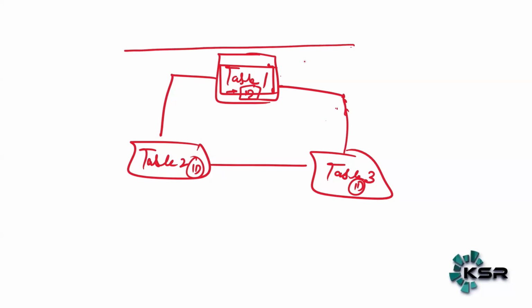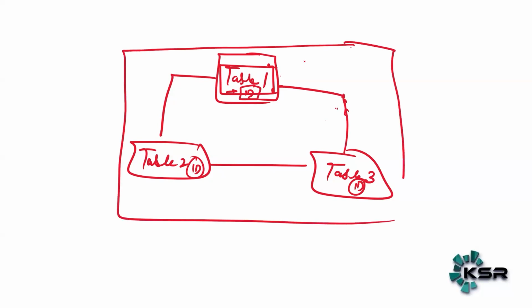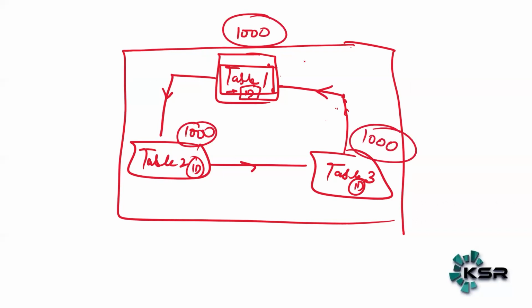If you see what has happened here, just observe this. This table is connected with this, this with this. It is similar to this guy has 1000 rupees, and it has been given to him, and given to him. Suppose this is Anil, this is Avinash, and this is Karan.